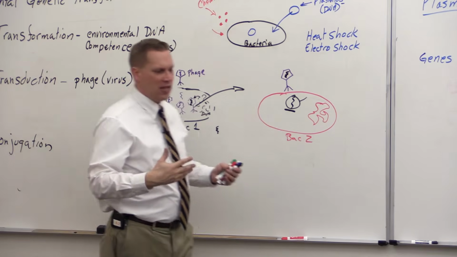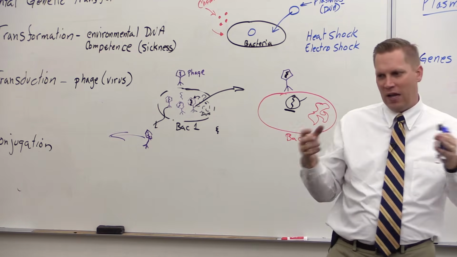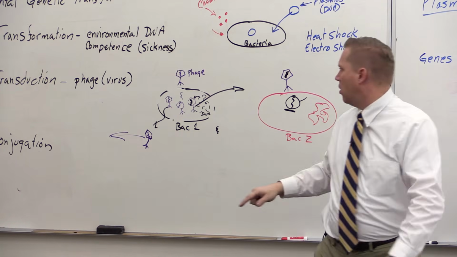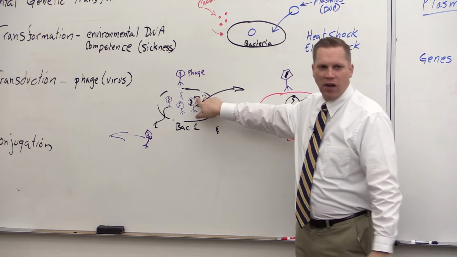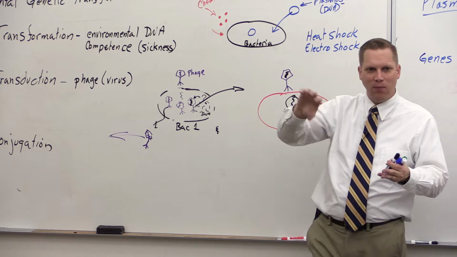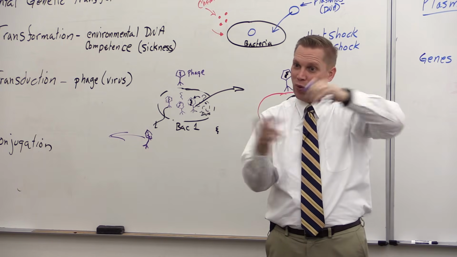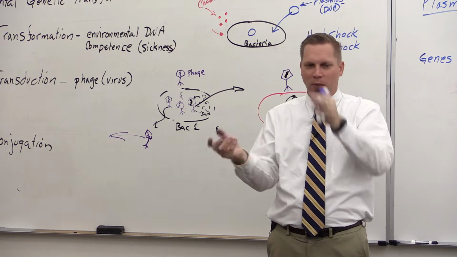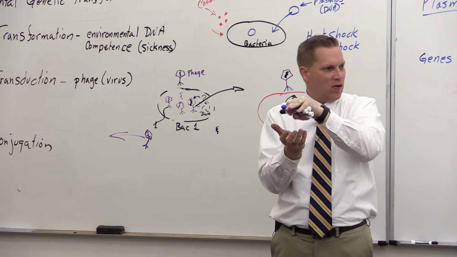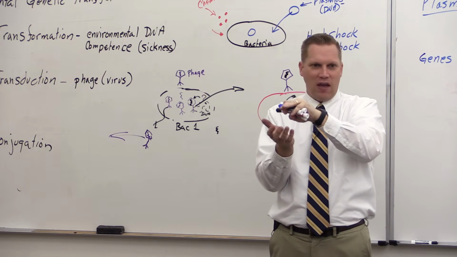You can actually buy these in kits, and you take whatever DNA you want to package, and you dump all the viral proteins unassembled into a test tube, and you dump the DNA that you want in with them, and it will assemble, it will package that DNA that you created into that phage.